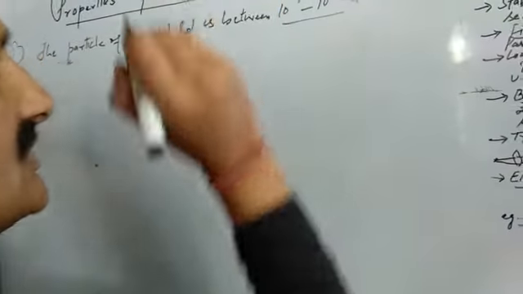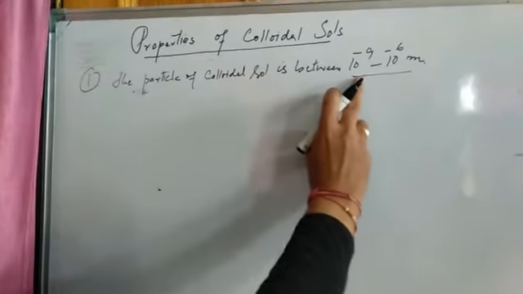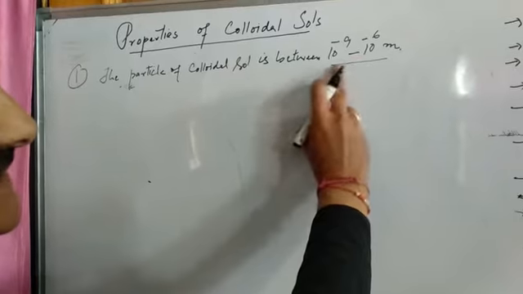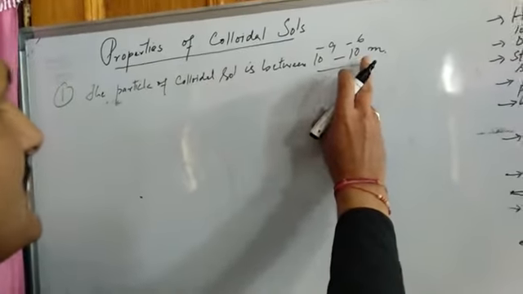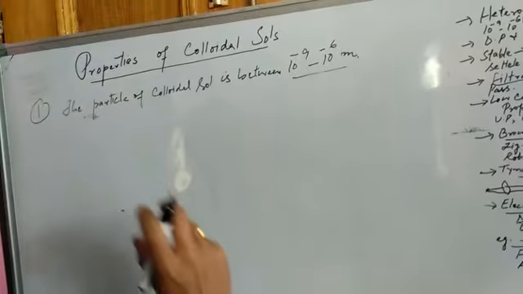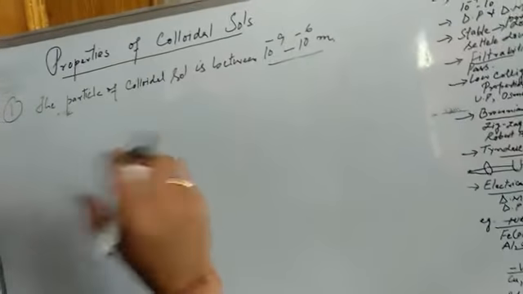Those solutions where particle size ranges between these two parameters are known as colloidal solutions or colloidal sols.